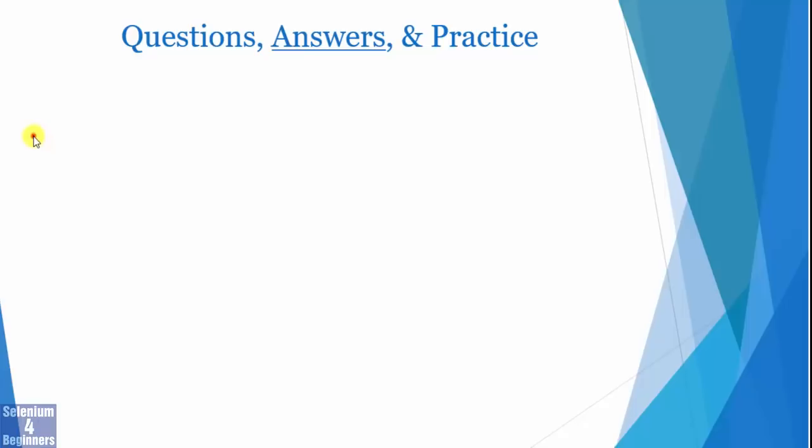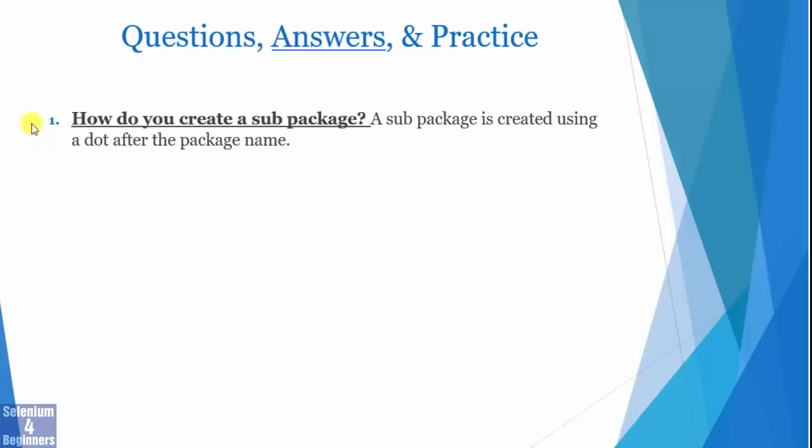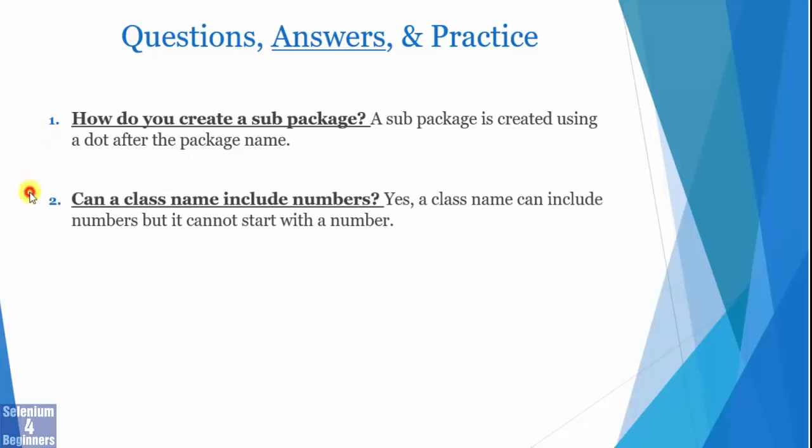Answers. Number 1, how do you create a sub package? A sub package is created using a dot after the package name. Number 2, can a class name include numbers?